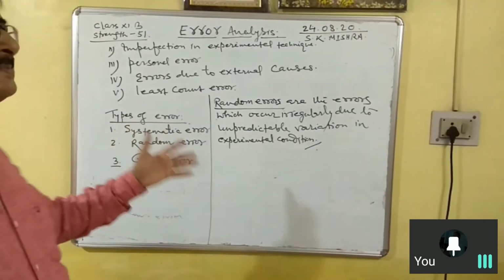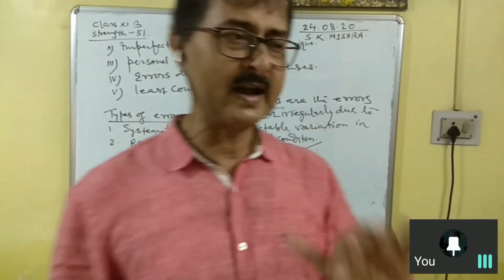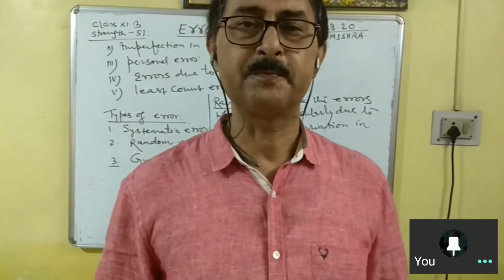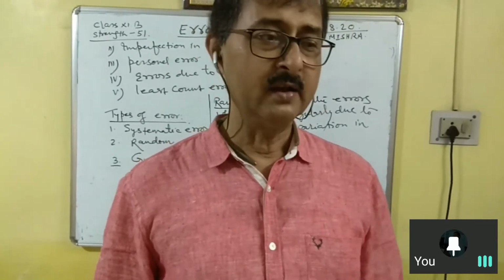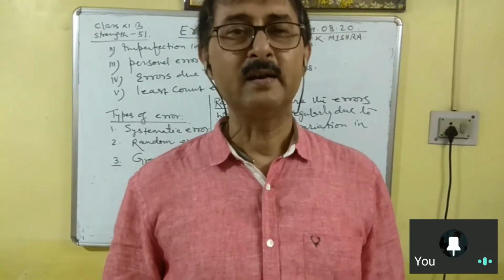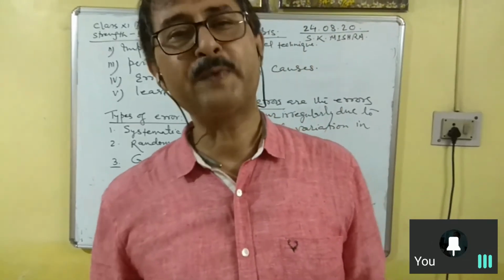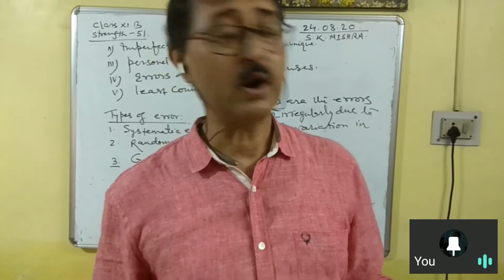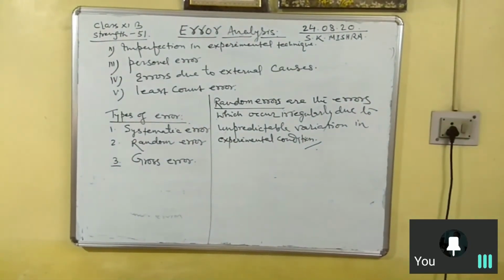Random errors mean sometimes you will find that some error comes, and at other times you may not find it. So if you are doing the experiment today, you may find some error, but if the same experiment is repeated tomorrow, then you may not find this error because of the experimental condition. This is called random error.